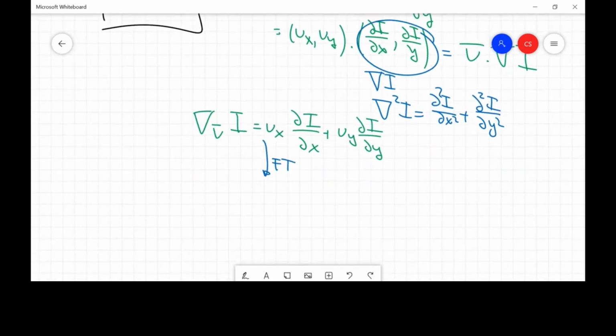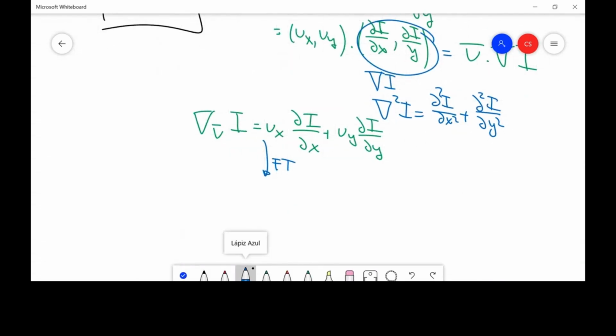So the Fourier transform of that equation is that the Fourier transform of this thing is ux, this is a scalar, times j omega x times the Fourier transform of I. The Fourier transform can also be represented with a hat.